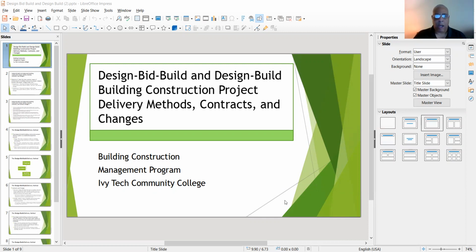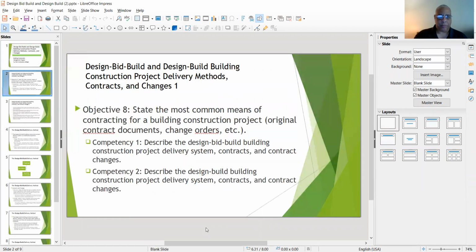Now, I'm going to tell you about design bid build and design build, building construction project delivery methods, contracts, and changes. Now, when we talk about the delivery methods, we are going to break everything down because the objective is to state the most common means of contracting for a building construction project, or we can say original contract documents such as change orders.